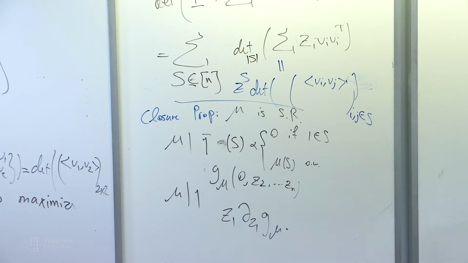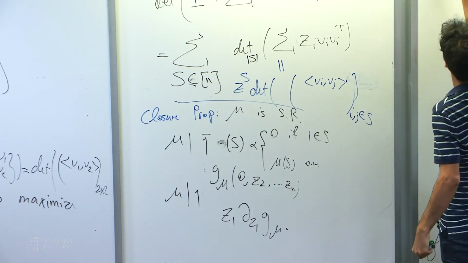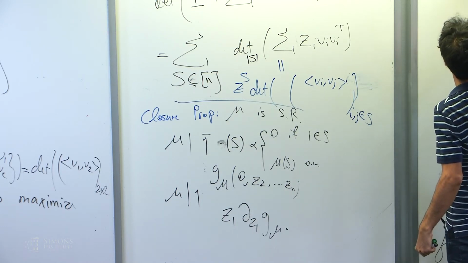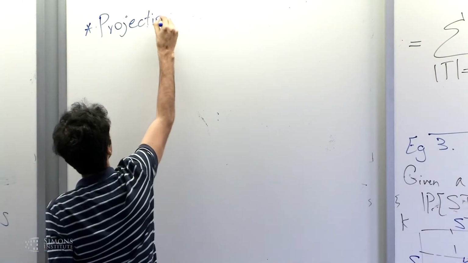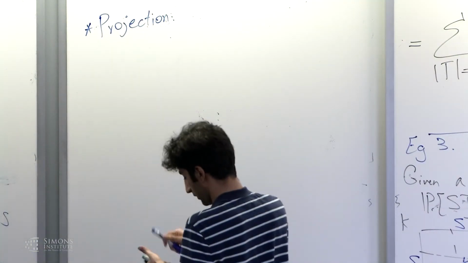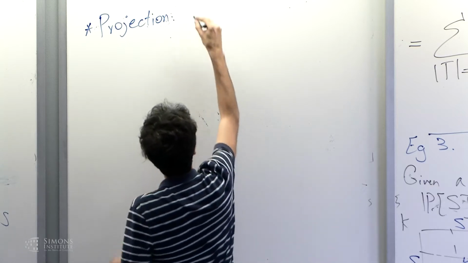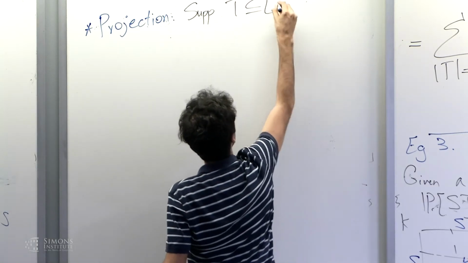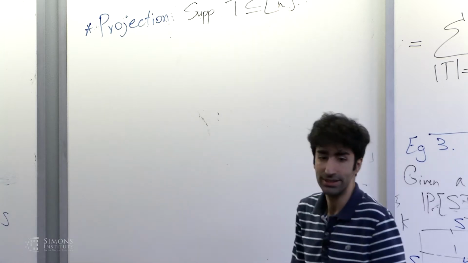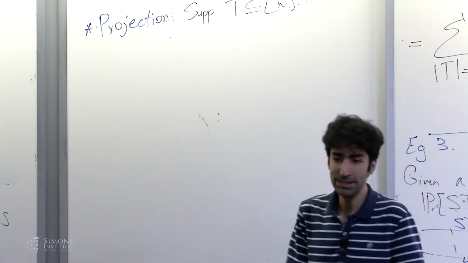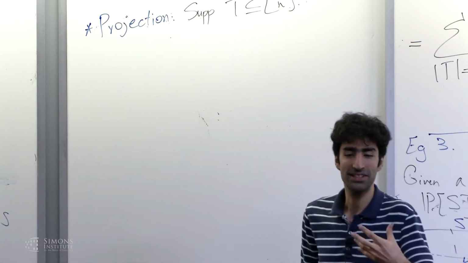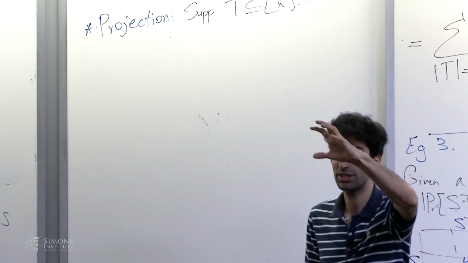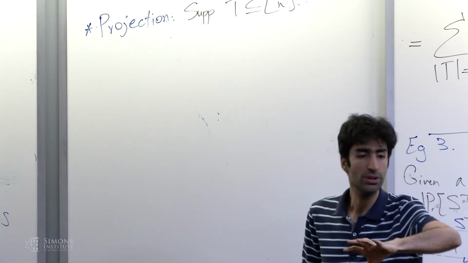Now we can do a more interesting operation called projection. Suppose T is a subset of N, and I want to project onto T. Think about spanning trees, for example. You want to project your spanning tree onto a cut, let's say.